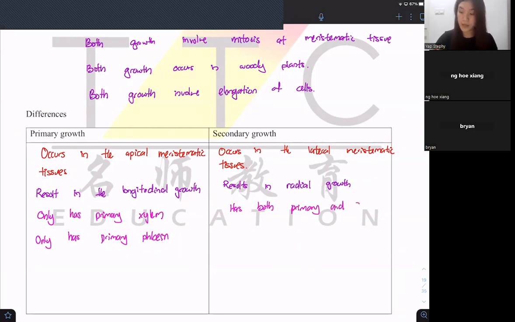Primary growth has only primary xylem and primary phloem, while secondary growth has both primary and secondary xylem, and both primary and secondary phloem.